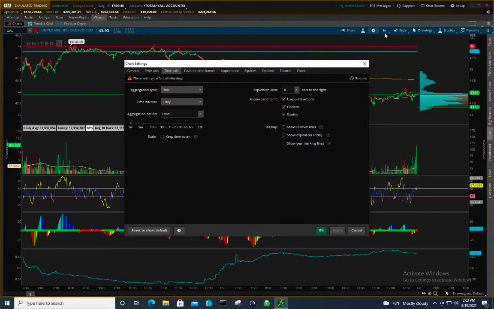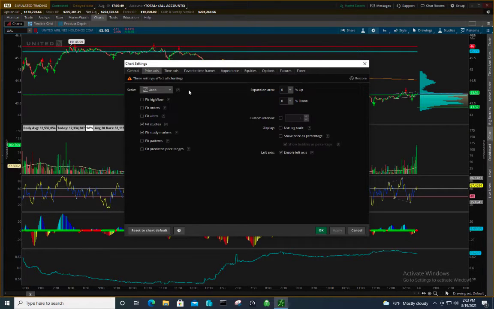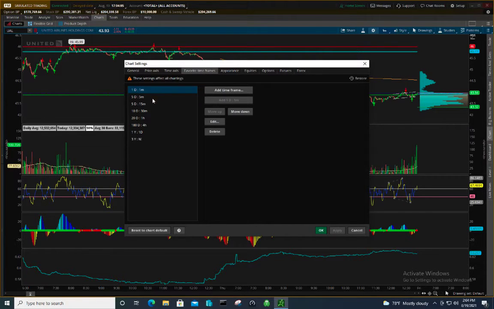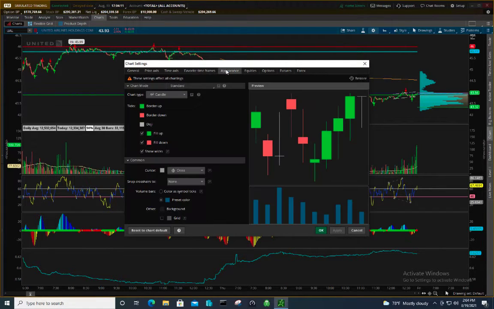You can also pick time axis from here, as I will see 1 minute. And then price axis, I remove certain things. I keep only fit studies, fit study markers, and enable left axis, which is this side. And time axis, favorite time axis, they can create some. This is one that I use, 20 days 1 hour, that I mostly use for swing trading.